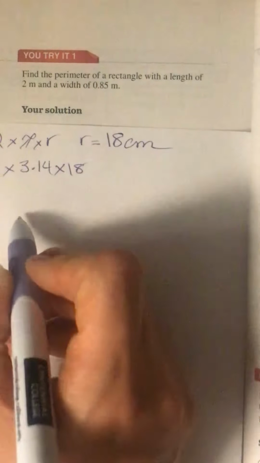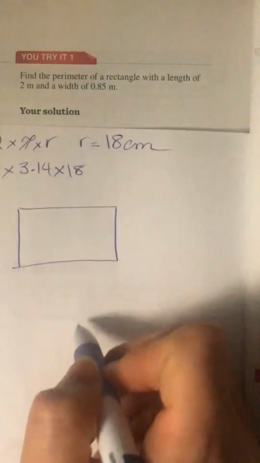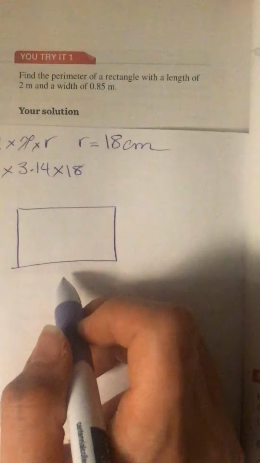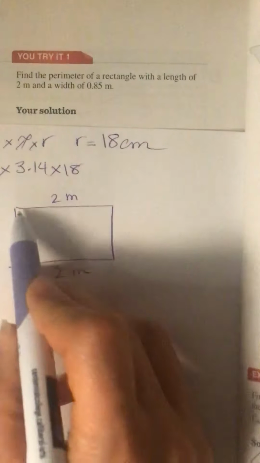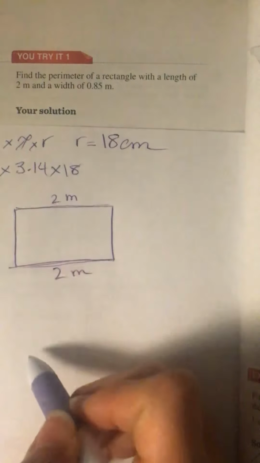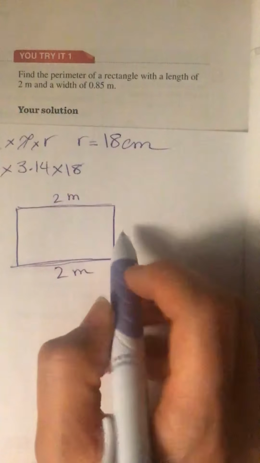First, we're going to draw it. There we go. On my rectangle, we have the length of 2. The longer side of a rectangle is called the length, and the shorter side is called the width.